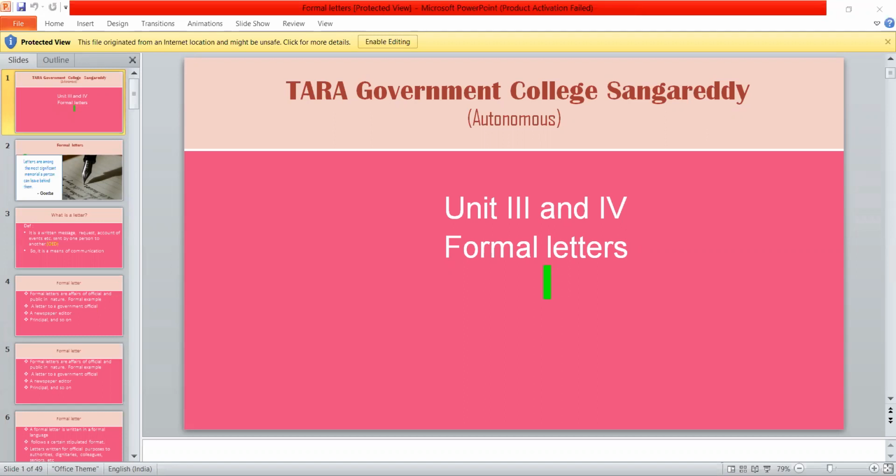Various parts of a formal letter are as follows.